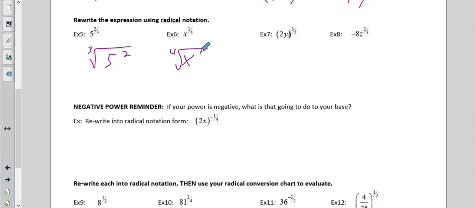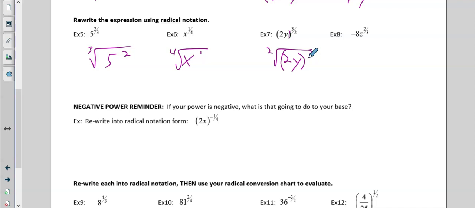Now notice here on this one, we have the entire 2y in parentheses, so the entire 2y goes here. Okay? And the denominator, 3/2, so that goes right there. And that is cubed. That's a 2y cubed.